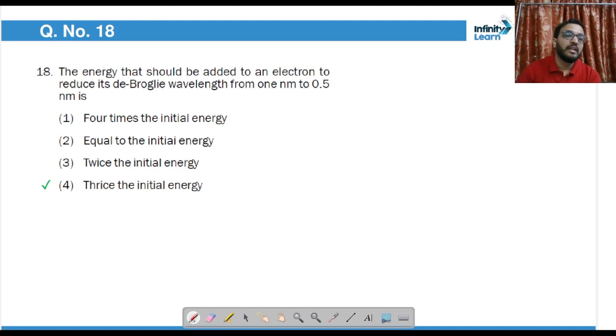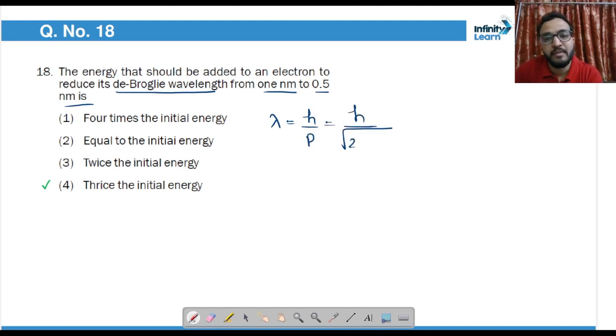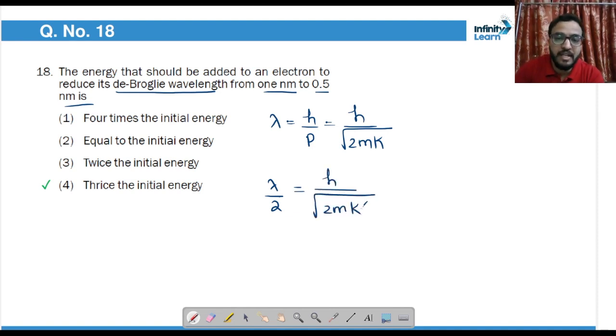Now, the energy that should be added to an electron to reduce its de Broglie wavelength from 1 nanometer to 0.5 nanometer. So what is de Broglie wavelength? And what is momentum? Root over 2mK, where K is kinetic energy. So if you want to make it lambda by 2, then it is root 2mK dash.